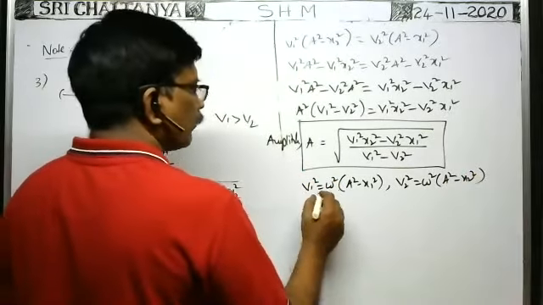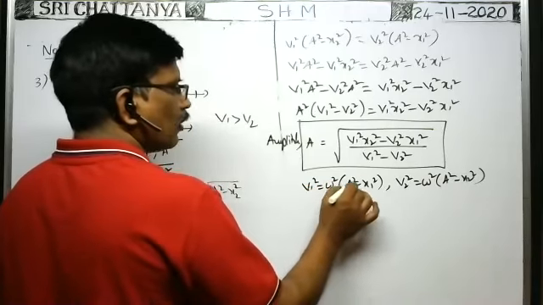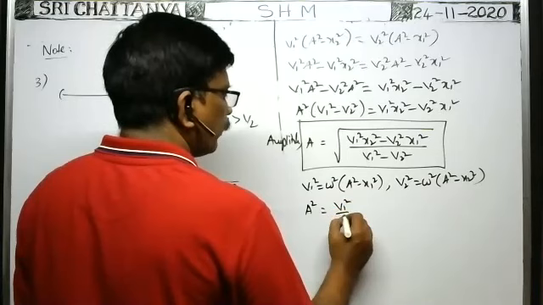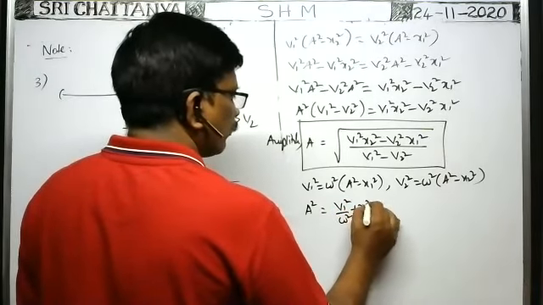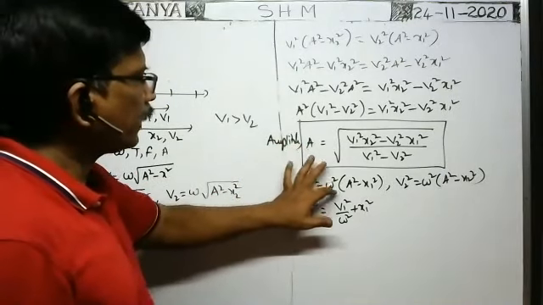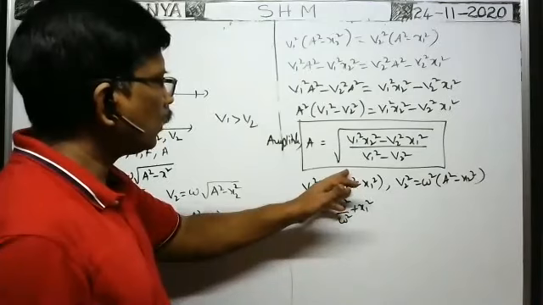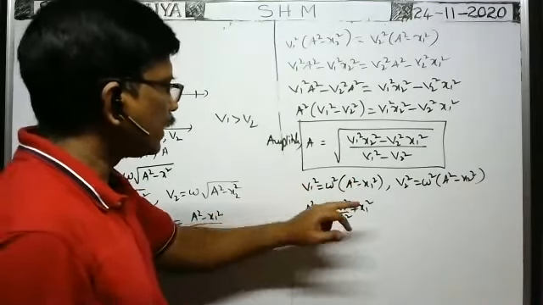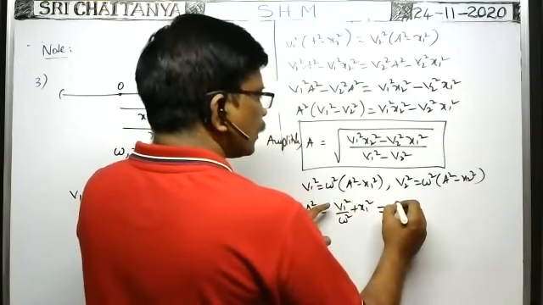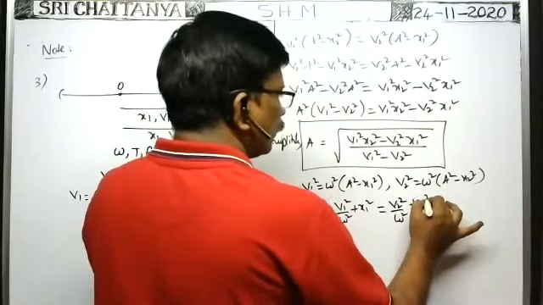From this you see, v1 square by omega square is equal to a square minus x1 square, or a square is equal to v1 square by omega square plus x1 square. Am I right? Similarly, from this also a square is equal to v2 square by omega square plus x2 square.